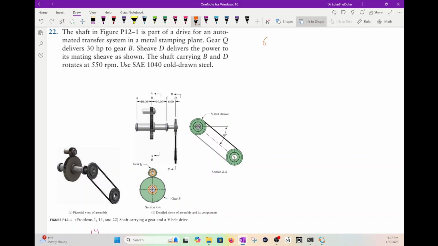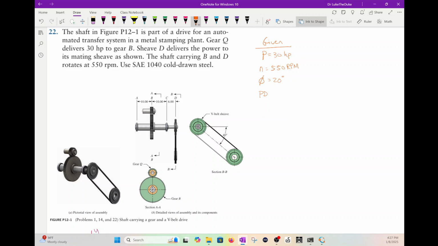So, given P equals 30 HP, N equals 550 RPMs. The angle of the gears, psi, is 20 degrees.